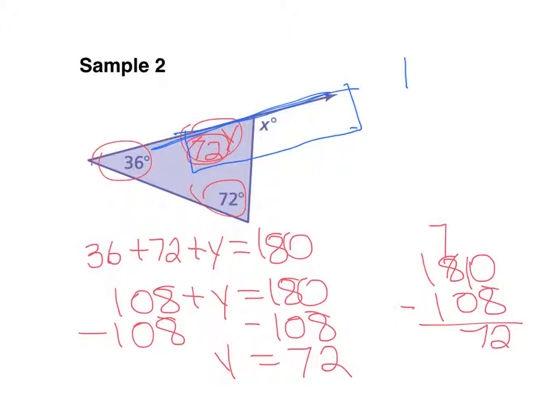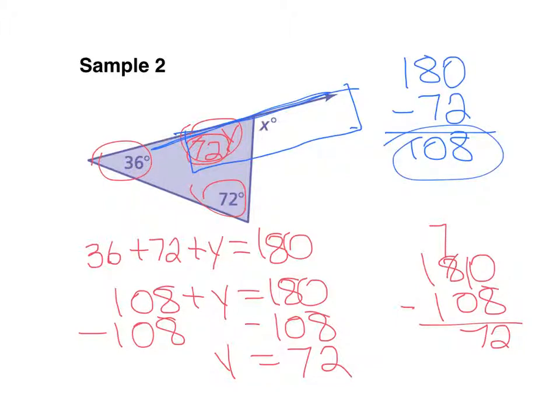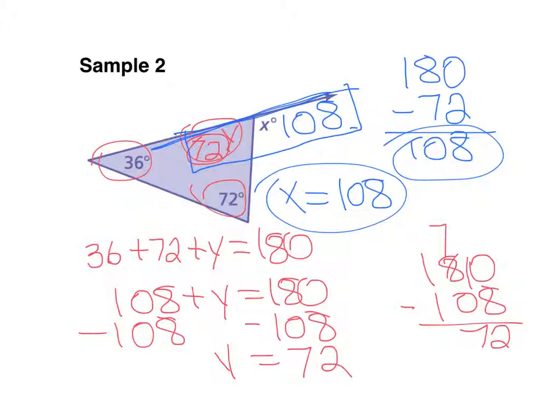So let me take that 180, subtract the 72, and I can see up here, since 180 minus 108 is 72, well, 180 minus 72 must be 108. Some of you might see a shortcut there. So x is actually equal to 108. Copy this problem into your notes.